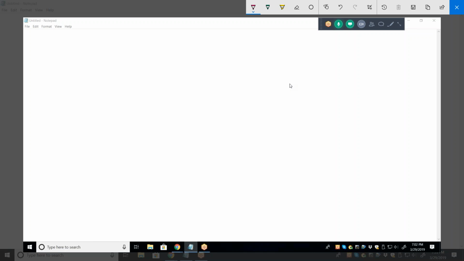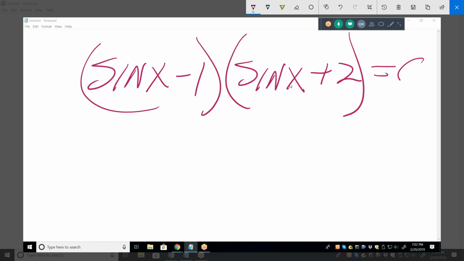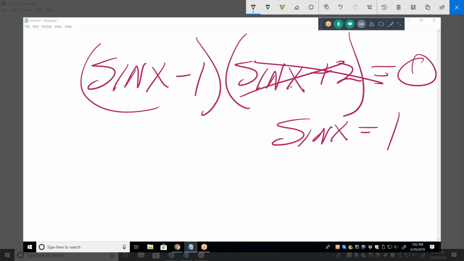In other words, something like this: sine x minus 1 times sine x plus 2. After we factor it, when you solve for it, you know that sine x has to be equal to 1. This is impossible because sine x can never be equal to minus 2.